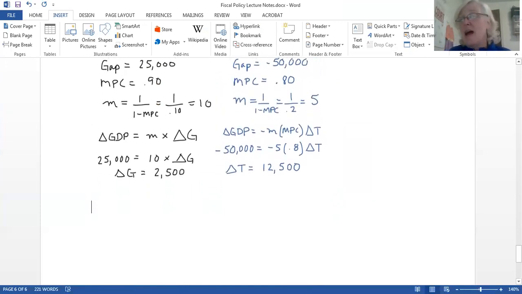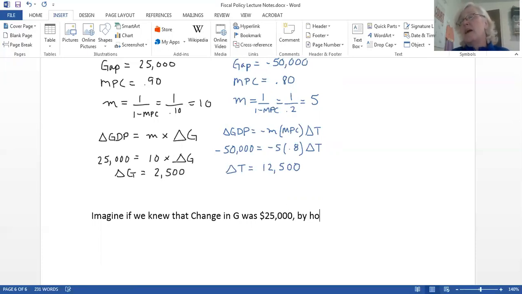Anyways, I had one more example, but imagine, and let's see if I can type this out maybe, okay? So imagine, in this case, we knew that the change in G was, let's say, 25,000, okay? We're gonna increase government spending by 25,000. By how much would GDP change if the MPC is equal to, and let's do 0.8, okay?